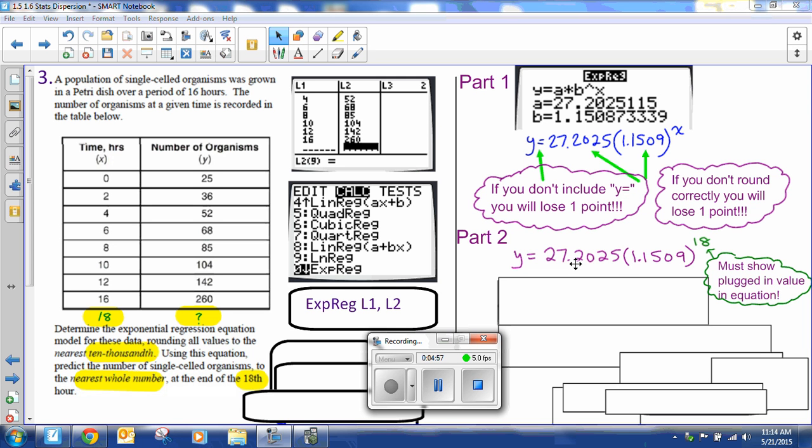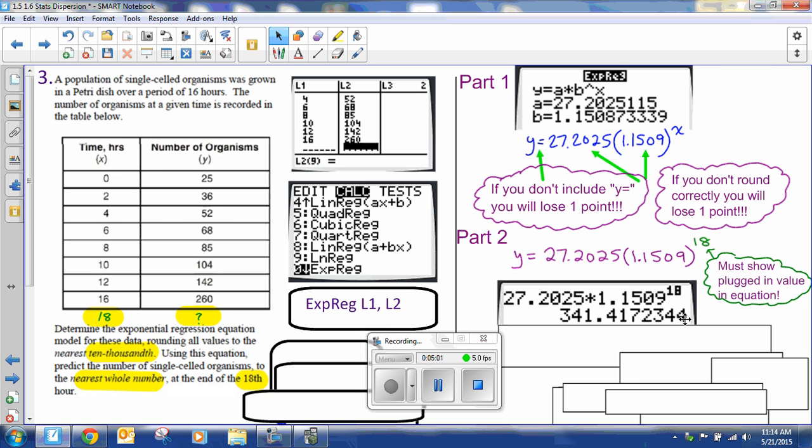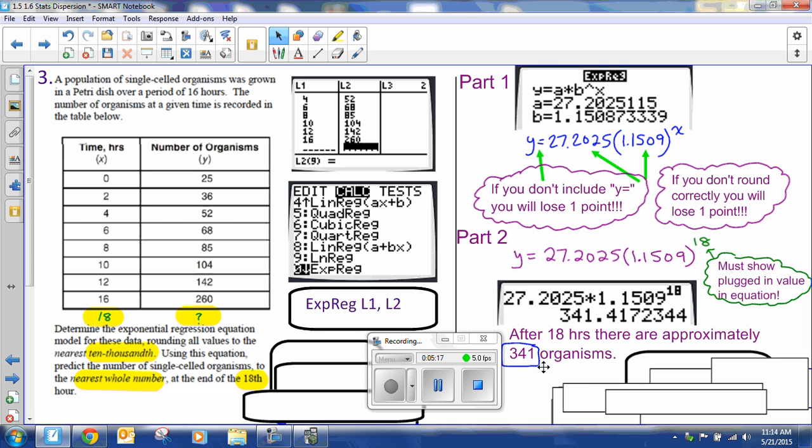They won't know how you got it. So you must show this plugging in step. And then you do the work on the calculator: 27.2025 times 1.1509 to the 18th power. And the answer is 341 and some change over here. But since they asked for the nearest whole number, you would simply write down 341.